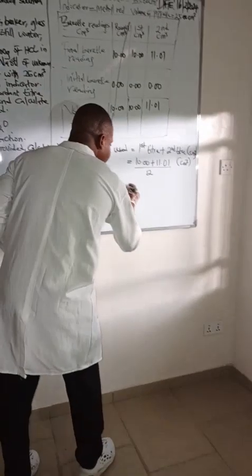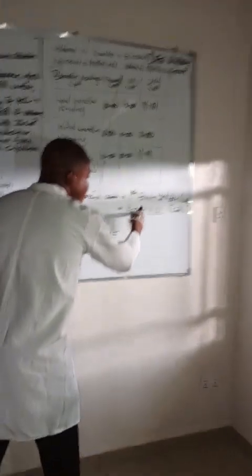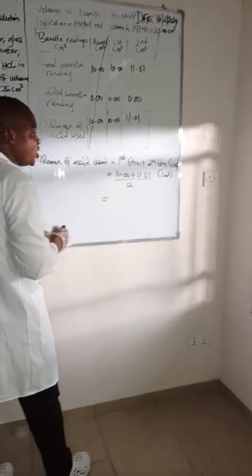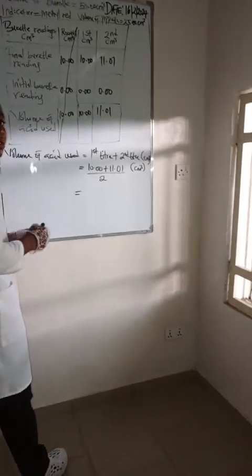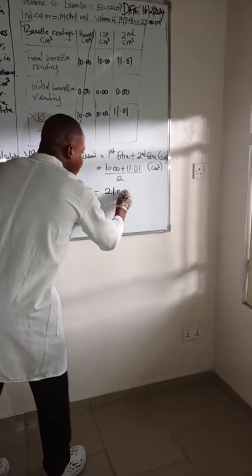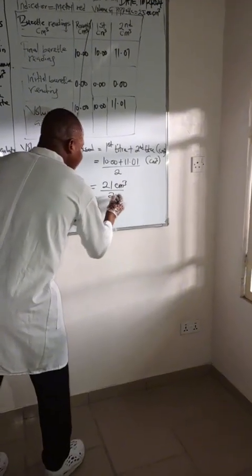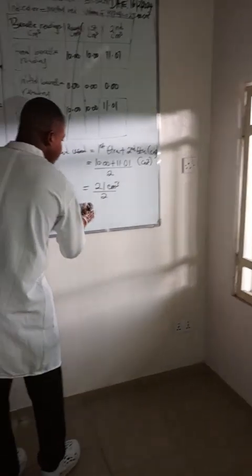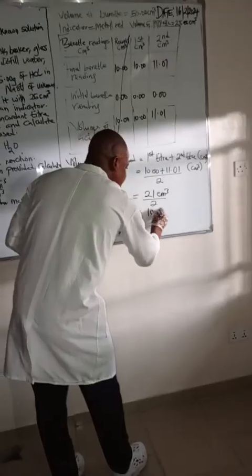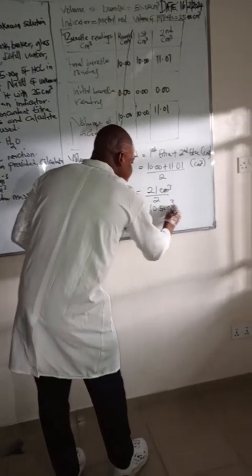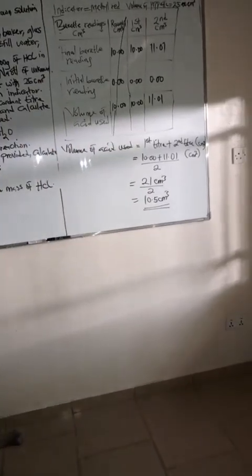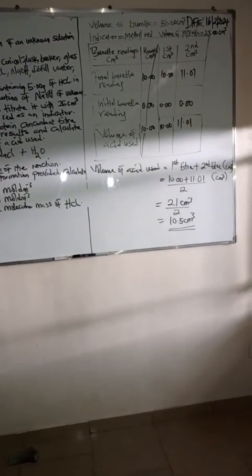What do we have? 21 point what? 21 cm cube divided by 2 is 10.5. 10 point what? 5. 10.5 cm cube. This is now our volume of acid used. They said calculate the volume of acid used.